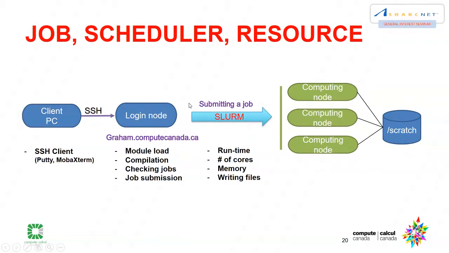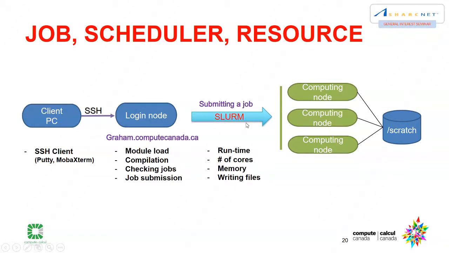Once you submit your job, it goes to the SLURM software, and SLURM will decide the most effective and efficient way to run your job, considering the existing jobs running on the computing nodes. The computing nodes are controlled by this SLURM system.